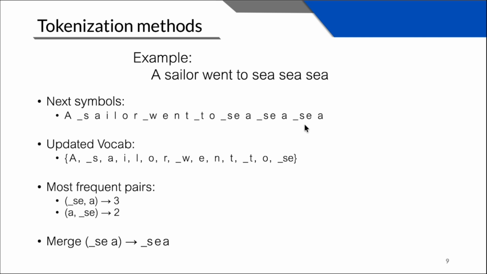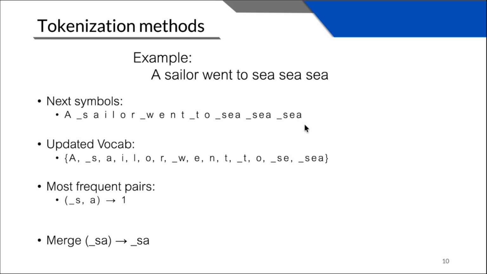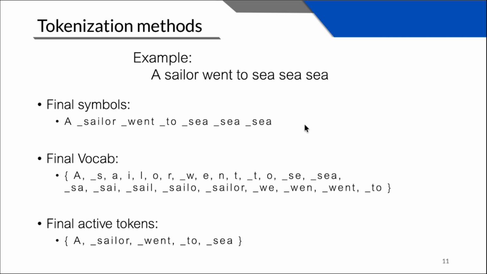So the most frequent pair now is underscore S with E, which is a space SE, followed by A. So we will merge it to form the term C. So you can see that now the next symbol we have is C, and we have the vocabulary extended to include the word C. Now we found that space S followed by A in the sailor word, so we merge it, and we keep continuing until we reach the point that we have the final symbols, which is the training data, with the final vocabulary that we built during the process of building the tokenizer.